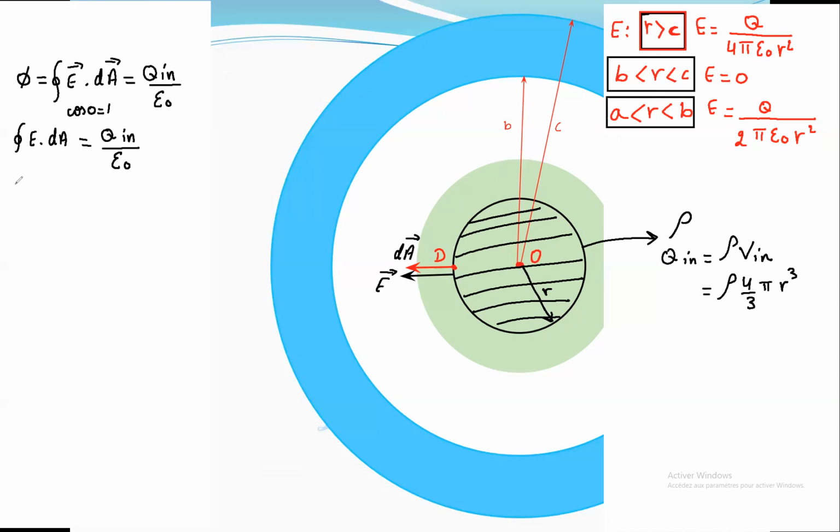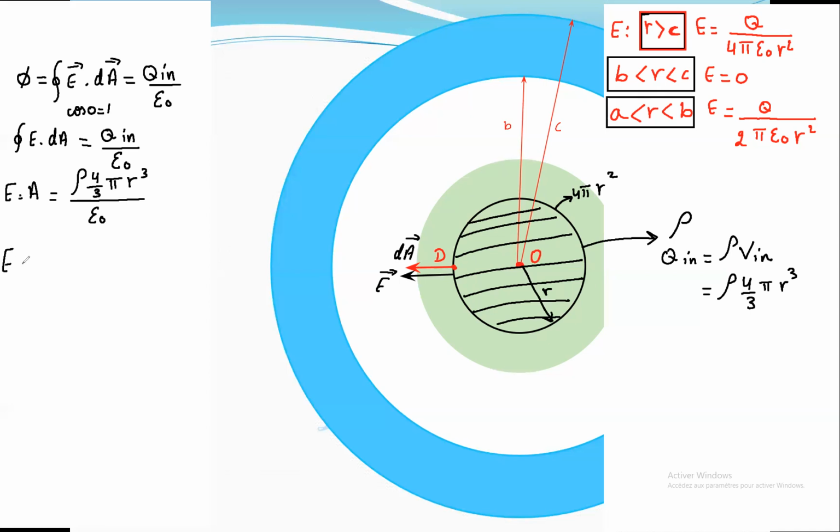E is constant. We put E outside times A equals rho 4 over 3 pi r cube divided by epsilon, and A equals 4 pi r square. A is the area of the Gaussian surface equals 4 pi r square.